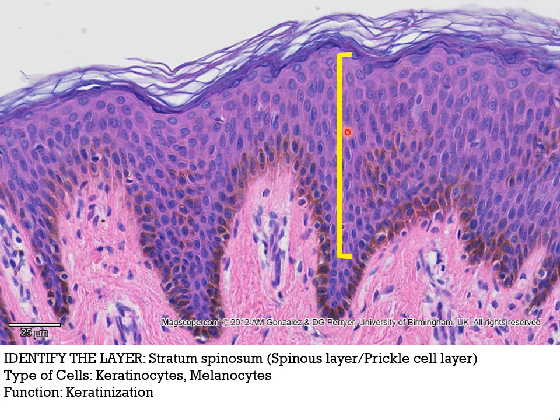Pagdating dito sa layer na to, nagmamature na sila. And also, melanocytes, makikita rin dito. Since mature na yung mga keratinocytes na makikita sa stratum spinosum, the major function now is for the keratinization. And again, the keratin is for the protection against friction and abrasion.